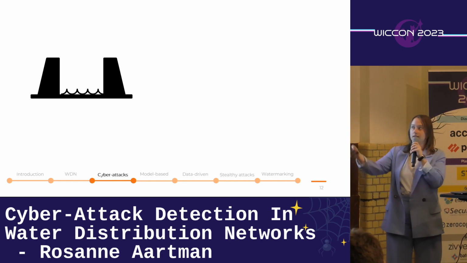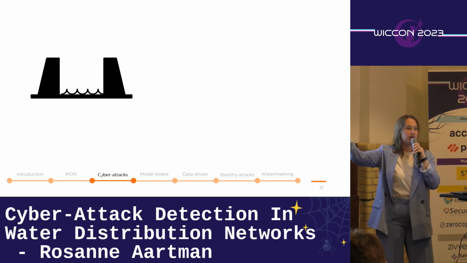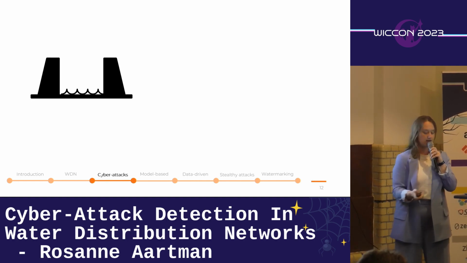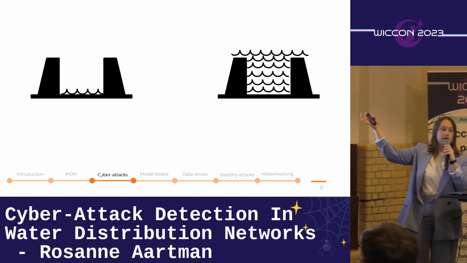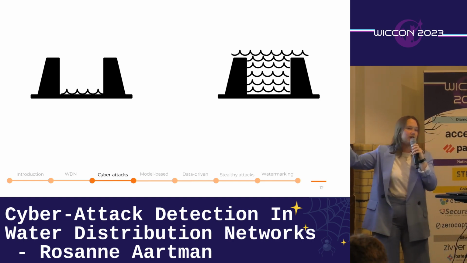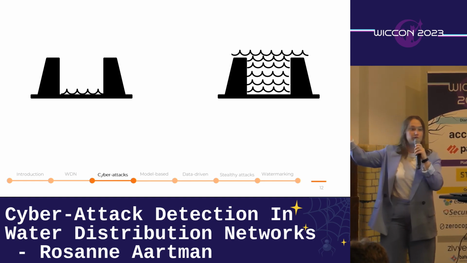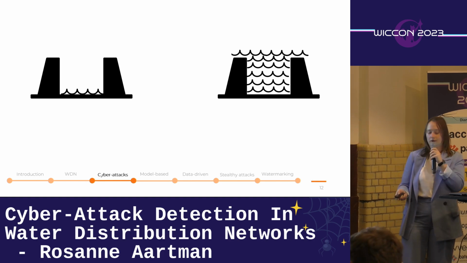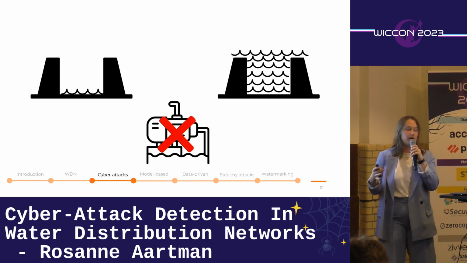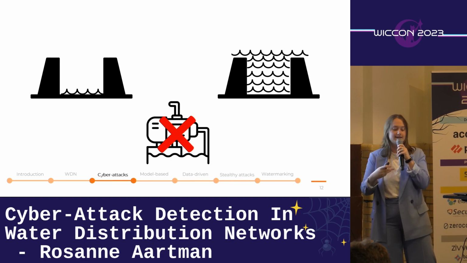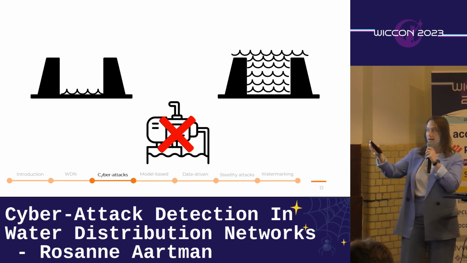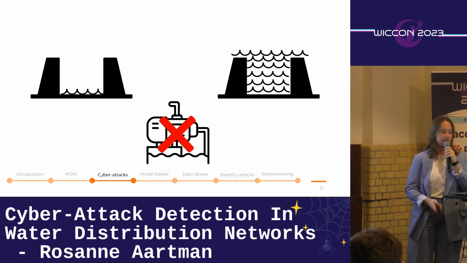This could be an empty reservoir when there's a high demand of water, water overflow. We know water is a scarce product, so we do not want to waste water. Or letting a pump run with no air in it and then leading to a pump outage.